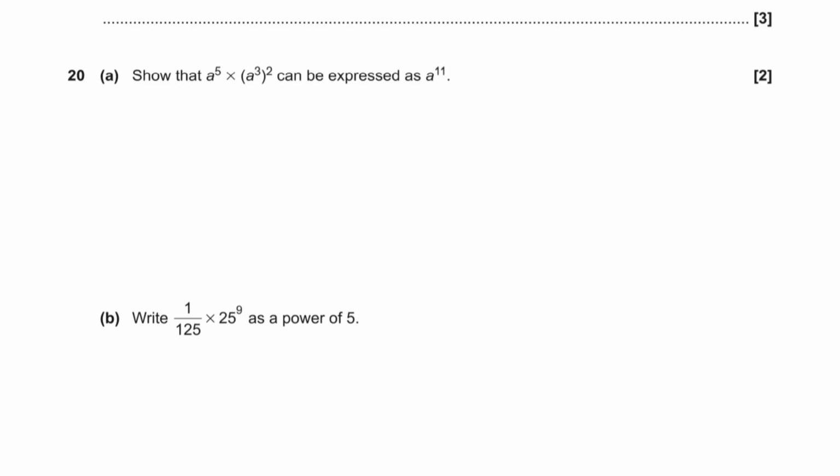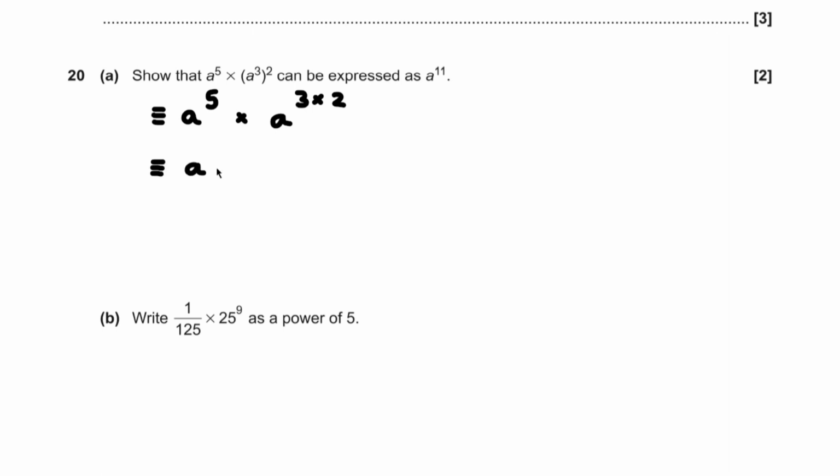Question 20, part A, we have to show that a to the 5 times a to the 3, squared, can be written as a to the 11. So what is all of this equivalent to? Well, I've got a to the 5, and then a to the 3 squared, that's a to the 3 times 2.